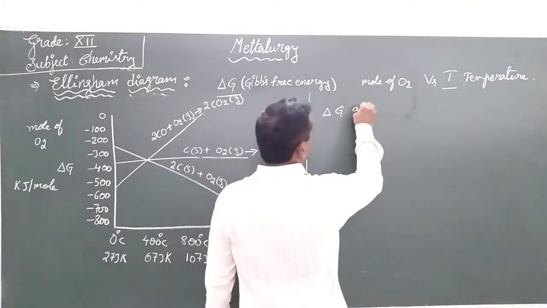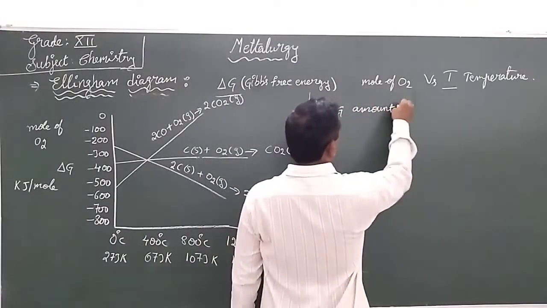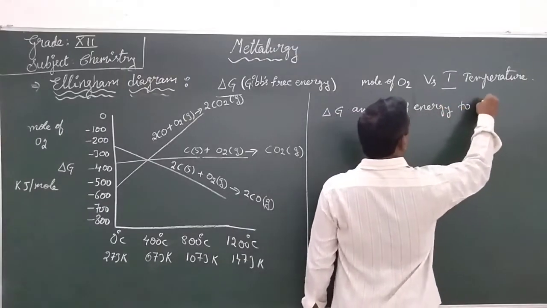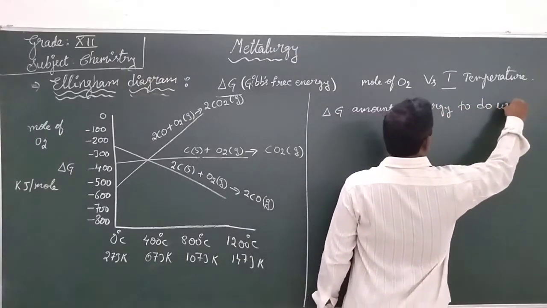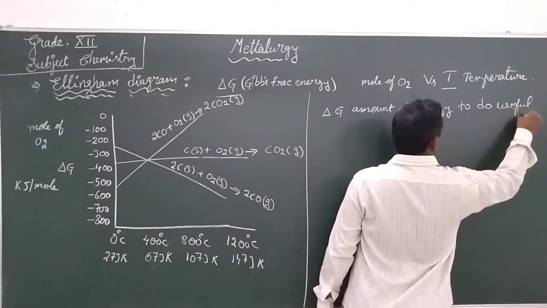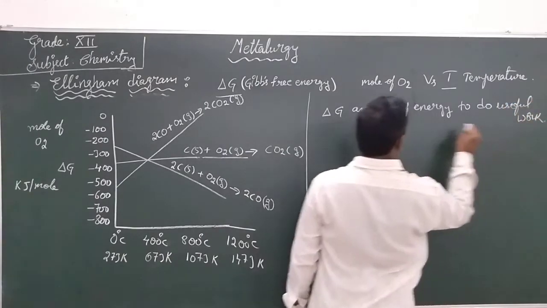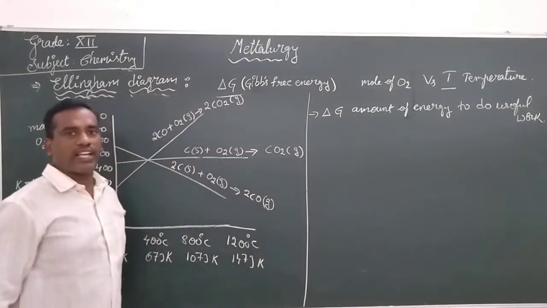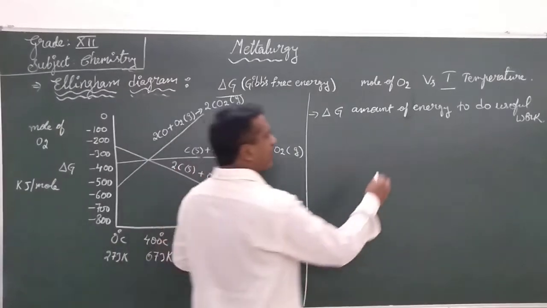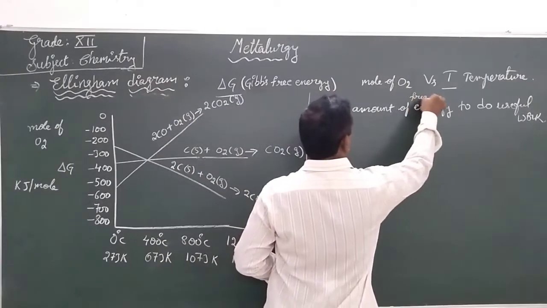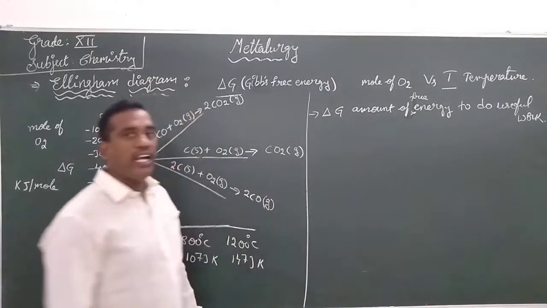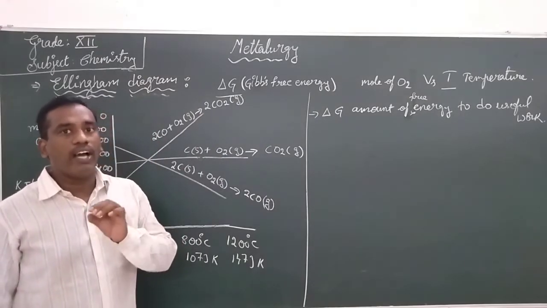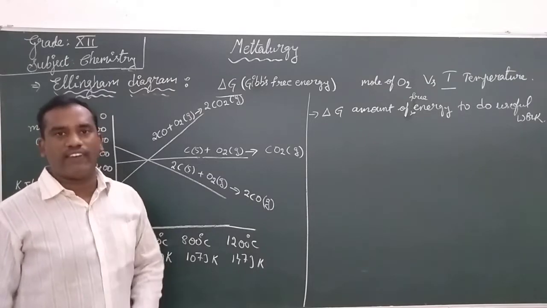It is the amount of energy to do useful work. That is the free energy available in the reaction. This is the amount of free energy that is available in the reaction to do a particular useful work.